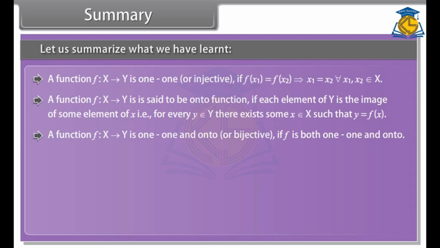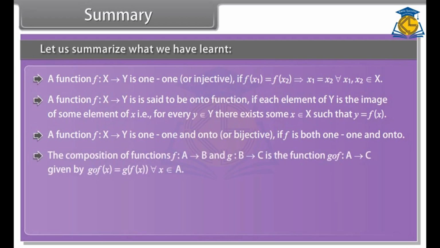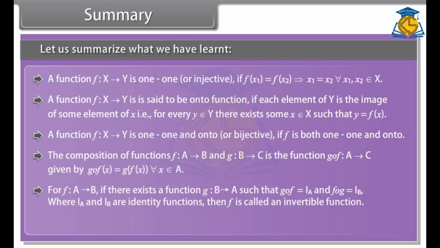The composition of functions f from A to B and g from B to C is the function g of f from A to C given by g of f of x is equal to g of f of x for each x belongs to A. For function f from A to B, if there exists a function g from B to A such that g of f is equal to iA and f of g is equal to iB, where iA and iB are identity functions, then f is called an invertible function.